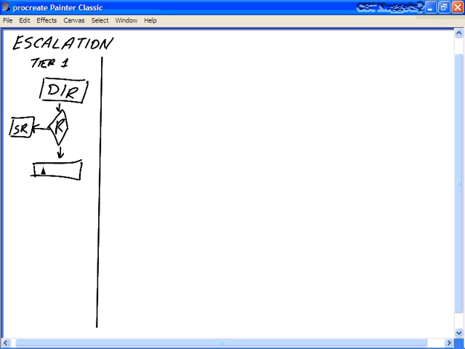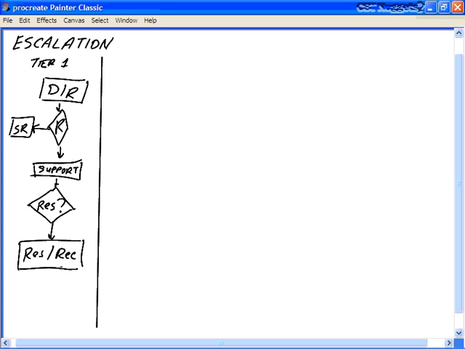I'll jot in here support, and that's our service desk staff. Now the next question is, was that staff member able to resolve it? If the answer is yes, then we go to the next step, which is resolution recovery.